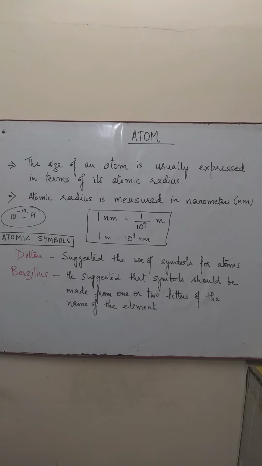When we talk of the size of the atom, it is usually expressed in terms of its atomic radius. That means we consider atomic radius as a measurement of the size of an atom. The atom is very small and it is not possible to see it with the naked eye, so we have used a method by which we can calculate the atomic radius.